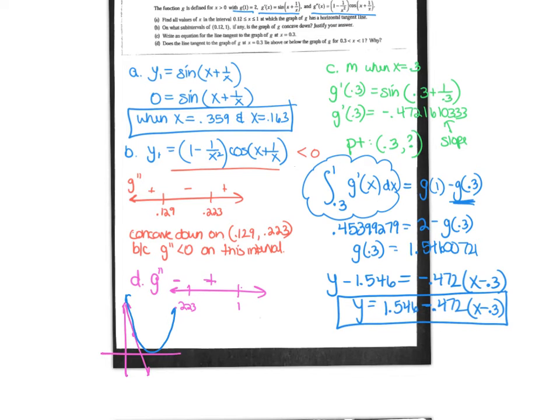So we know that this tangent line, because of that second derivative being positive and our slope here being negative, must be below our graph. So we can say, since G double prime is greater than 0 on this interval, then G of x is concave up.